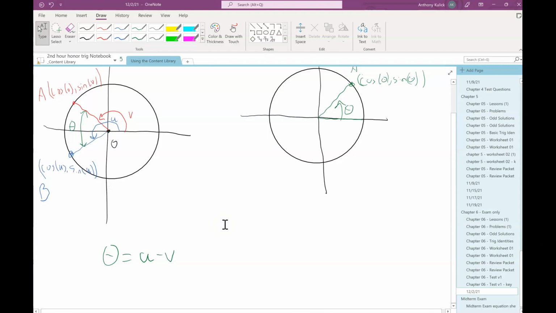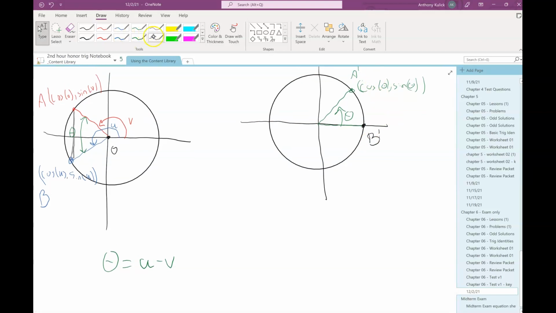We know that this segment, AB, and I'm going to call this point B prime, and this segment, A prime B prime, are the same length. And again, that coordinate on B prime has to be 1, 0, because this is a unit circle we're working on. So the radius is 1, so that x coordinate has to be 1.